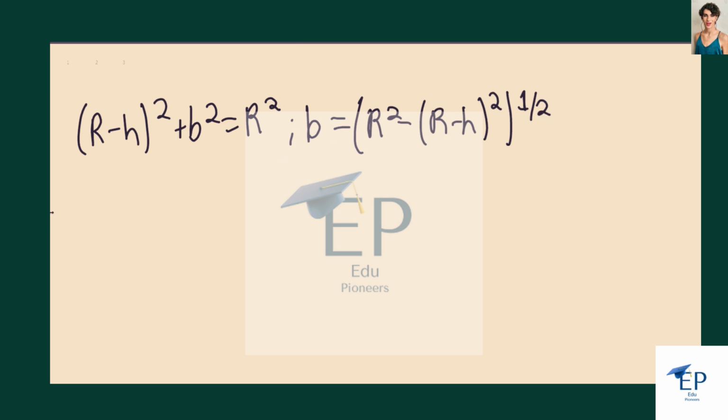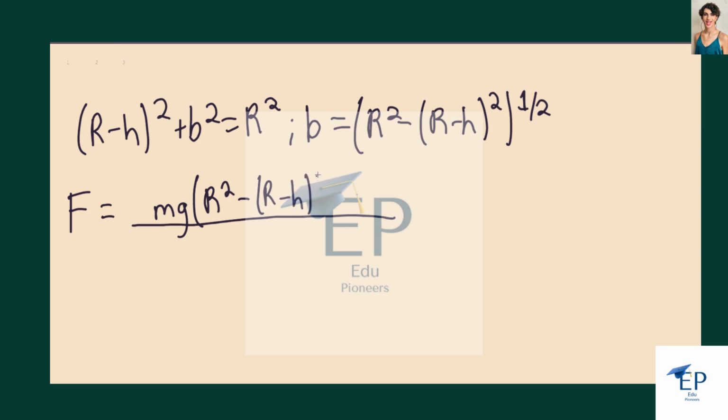And so the force, after substituting all of this in, is going to be equal to mg times (R squared minus (R minus h) squared) to the 1/2 power, divided by (R minus h).